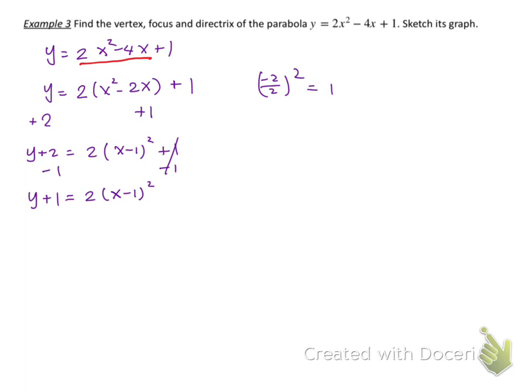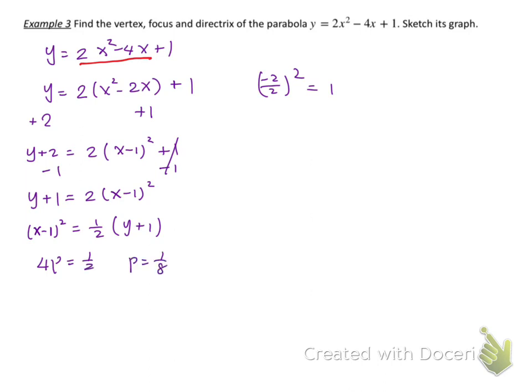Or I'm going to isolate the square term: x minus 1 squared equals 1/2 times y plus 1. x squared equals 4py. So 4p equals 1/2, which means p equals 1/8.